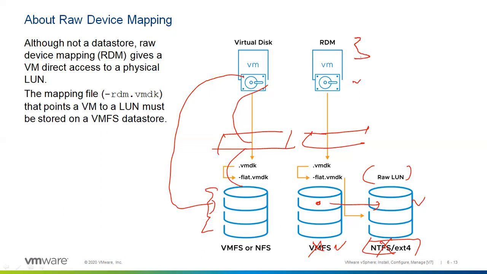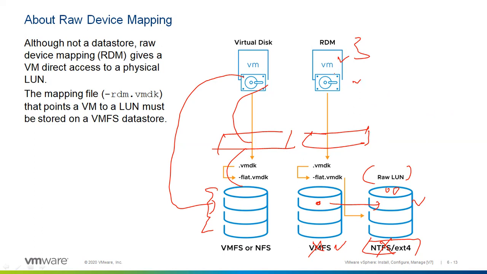The use case of raw device mapping is, for example, when we need high-end storage that requires high IOPS for VMs that need performance equivalent to physical storage, so that raw LUN can be presented directly to my virtual machine.